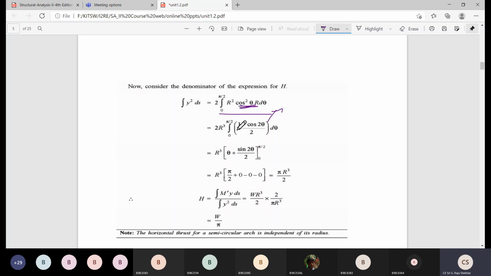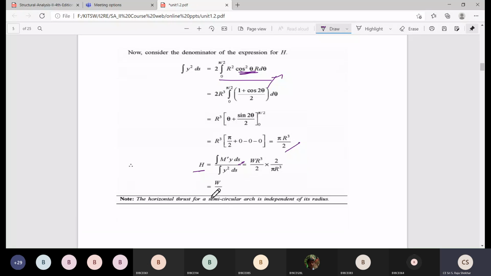Now integrate this 1 plus cos 2 theta by 2. You're going to get this equation and substitute the boundary values. Finally, we're going to get the denominator as pi r cube by 2. So now calculate h value. H is equal to integration of m dash y into ds by integration of y square ds. So numerator is w r cube by 2 and the denominator is pi r cube by 2.